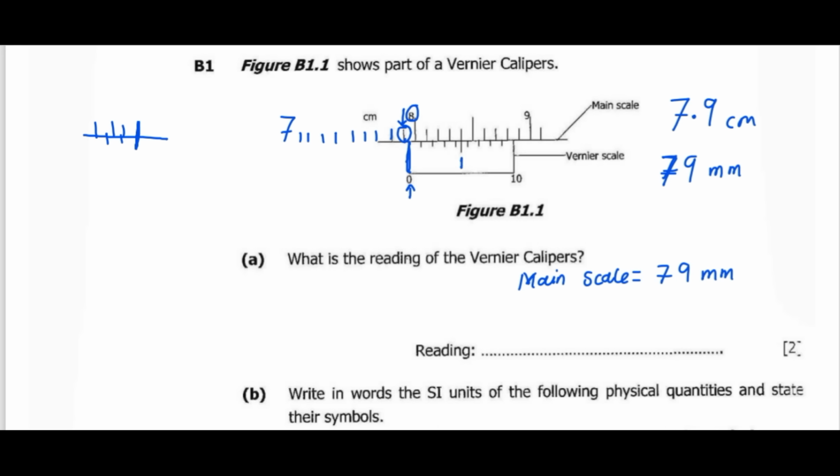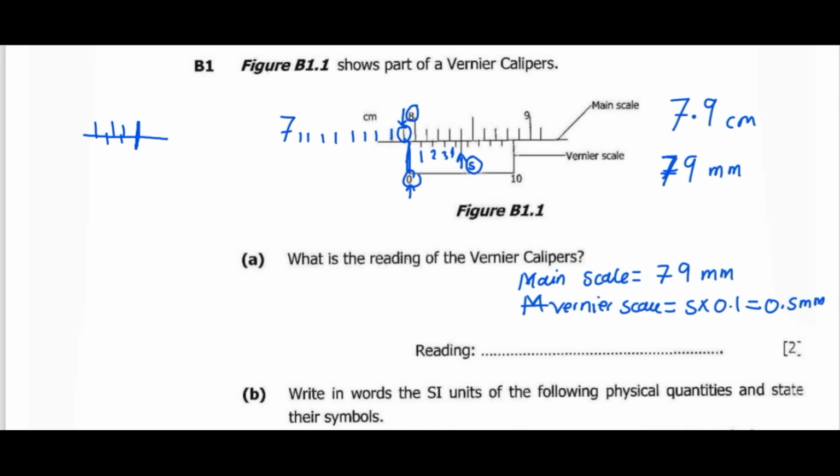We can see that this is our line of interest. If this is our 0, 1, 2, 3, 4, we can see that this line is 5. So on the vernier scale, we have 5 multiplied by 0.1. This will give us 0.5 millimeters.